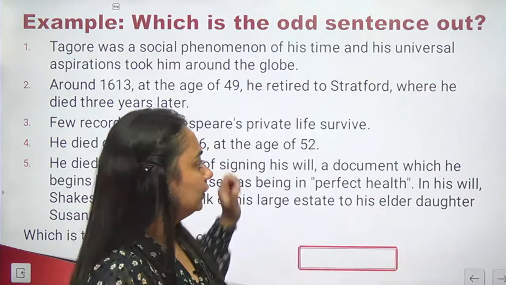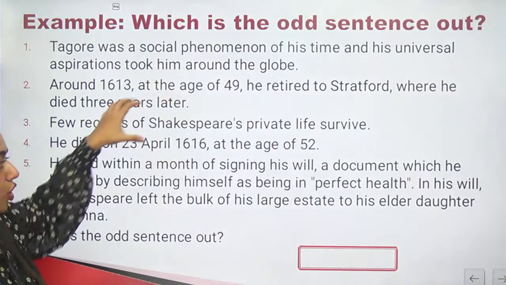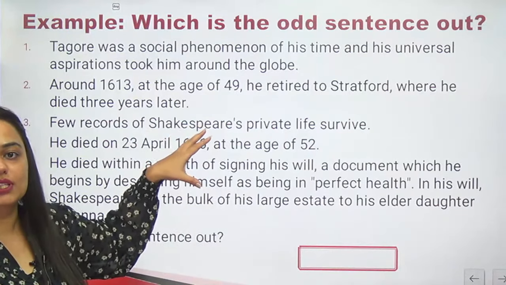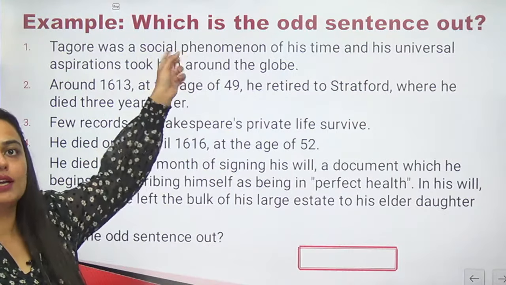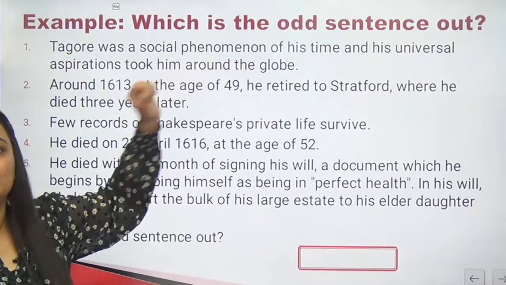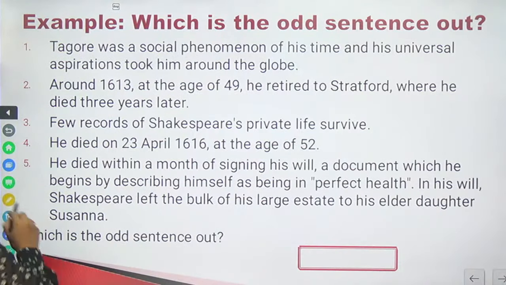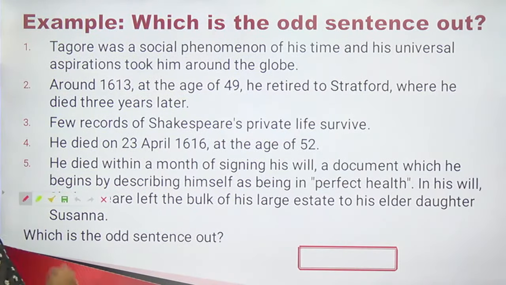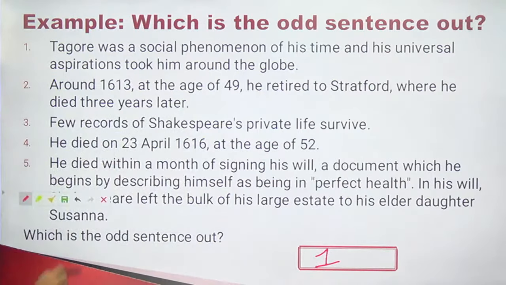The rest of the lines, Stratford, it's in England, it's in Europe, and all these lines form a sequence. They are all linked to each other, but out of nowhere, Tagore has also been mentioned. So it becomes quite clear that, yes Priya, your answer is absolutely right. As these are theta questions, you get this option, you can write 1. So the right answer is 1.